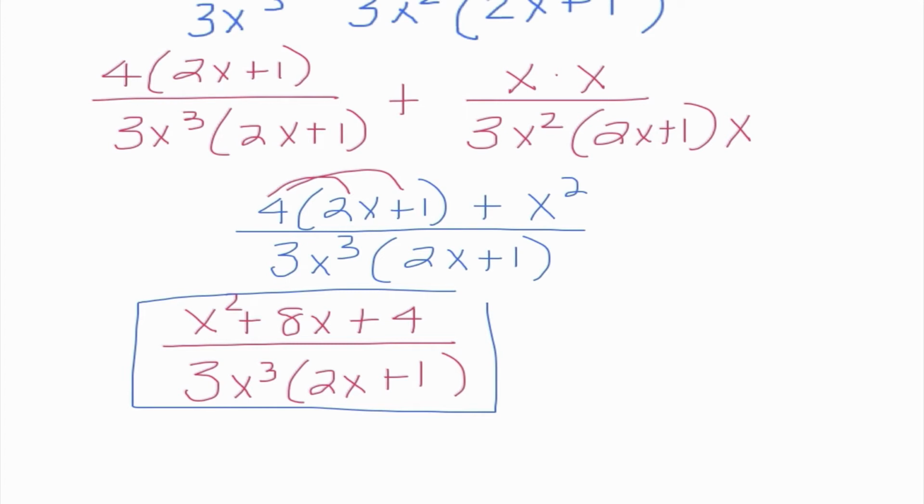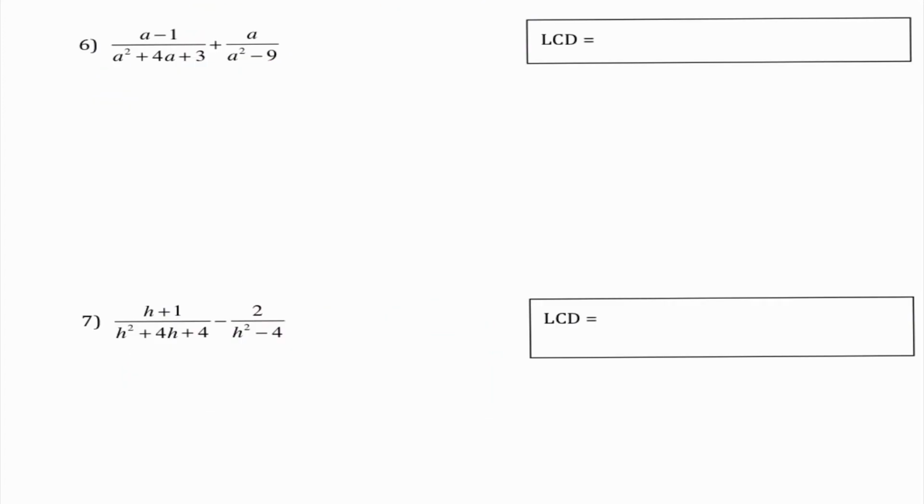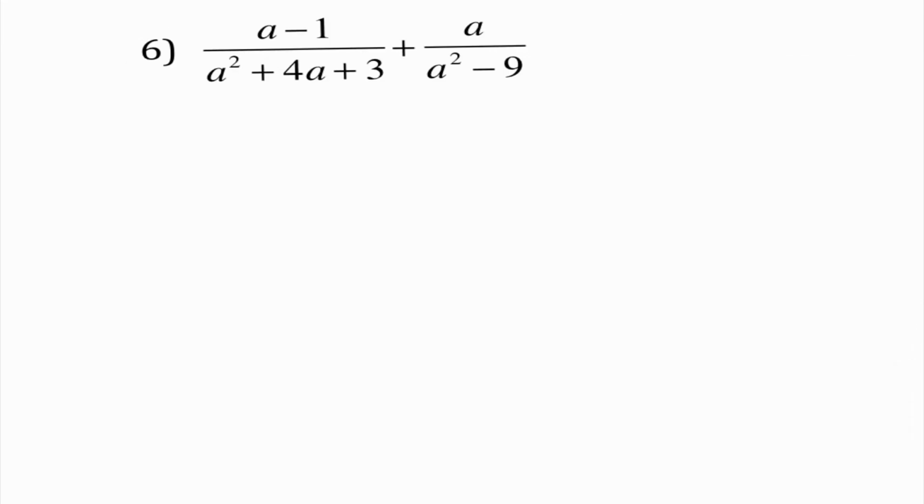Okay, so number 6 here, once again, I notice that I need to get a common denominator, so I'm going to begin by factoring these two denominators. If I look at a squared plus 4a plus 3, I know it's going to be a plus 3 times a plus 1.